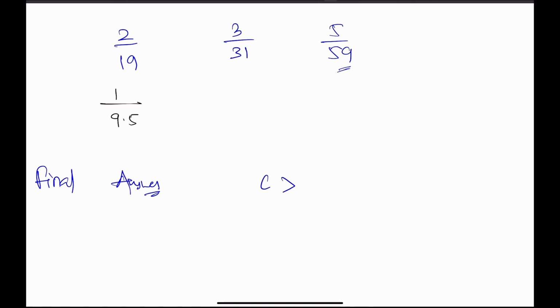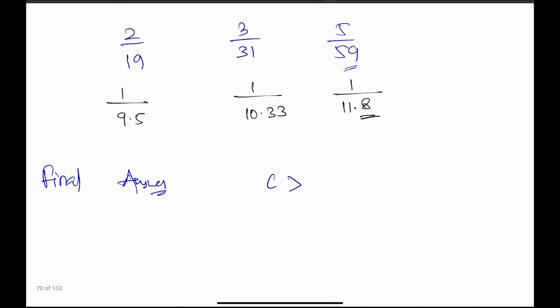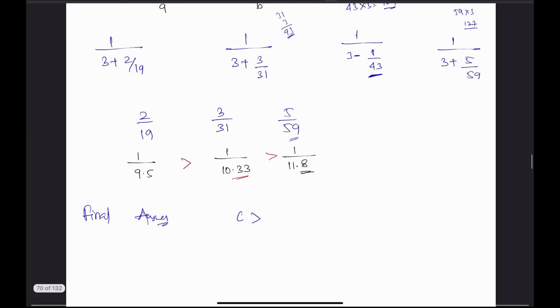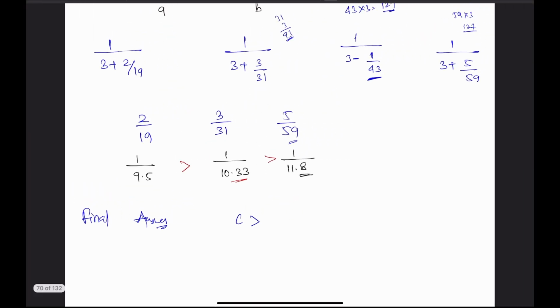The same again: 3 by 31 becomes 10.33, and 5 by 59 becomes 11.8. So in this one, the smaller will be bigger. This is bigger. This is bigger.